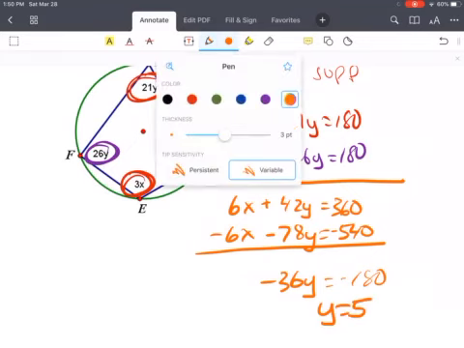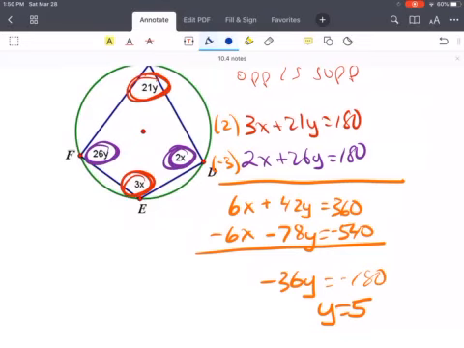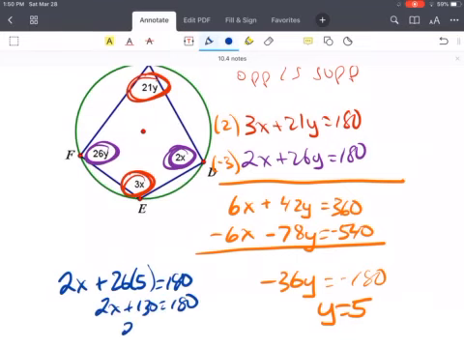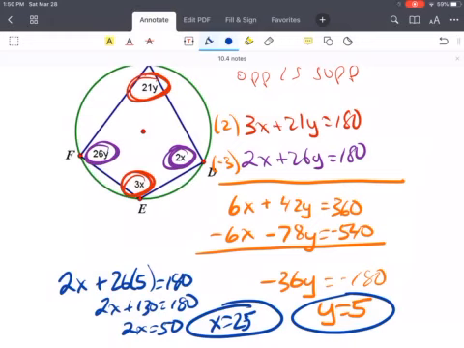Plug in my y value of 5 into either one of those equations. And I get x is 25 and y is 5.